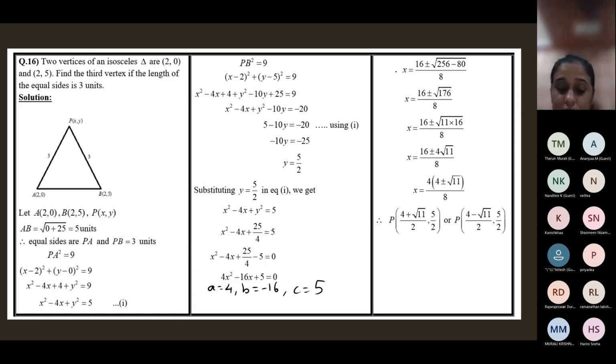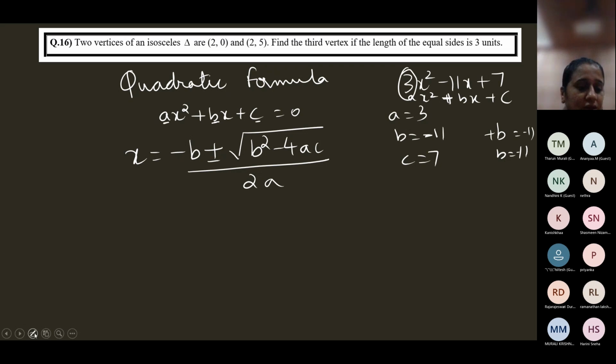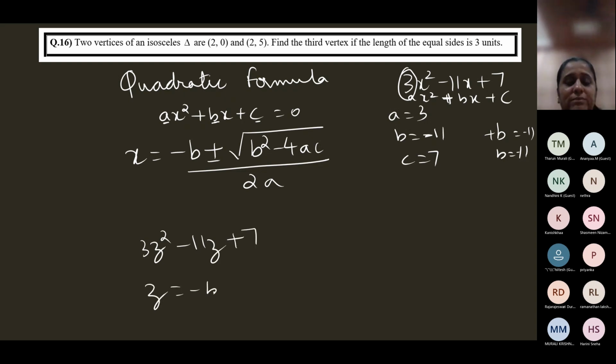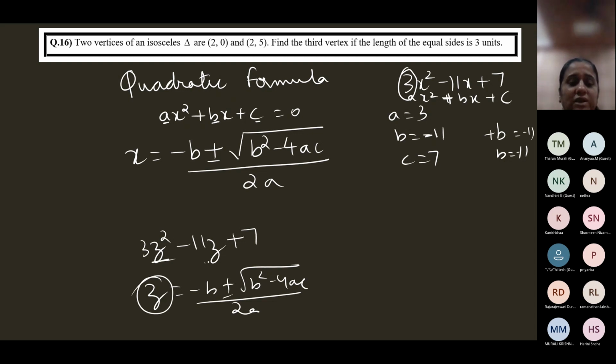All right, so x is equal to... and one more thing I should tell you is if the equation is like this, say 3z² minus 11z plus 7, then you must write z is equal to minus b plus or minus root of b² minus 4ac by 2a. What you should reflect here is the variable in the equation. If the variable is z, you should say z is equal to.